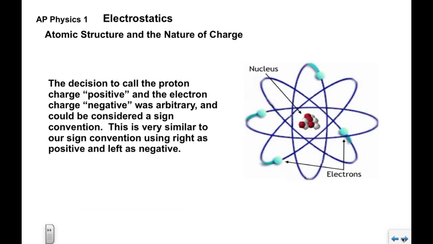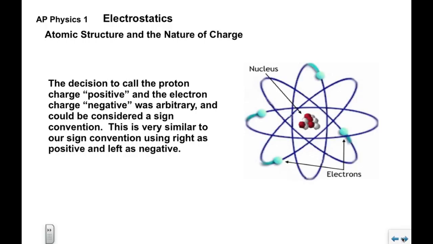Now, again, the decision to call the proton charge positive and the electron charge negative is arbitrary. It can be considered a sign convention like right, left, up, down, clockwise, counterclockwise. Again, plus and minus is the easiest way to differentiate one from the other. There are two types of charge.